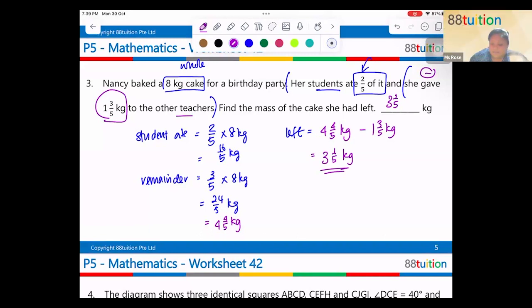You can even do it in 1 step, okay? So, again, you have to be very familiar with fractions to understand that this is part of a whole, whereas this is the one whole. So it's very important that you take note of this.